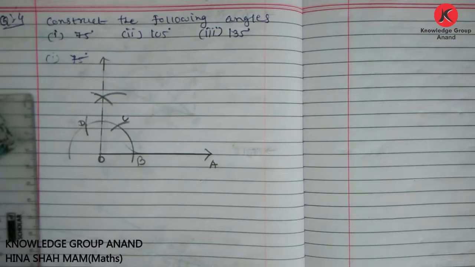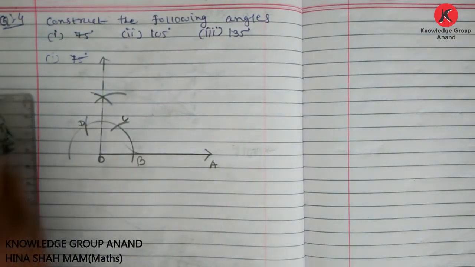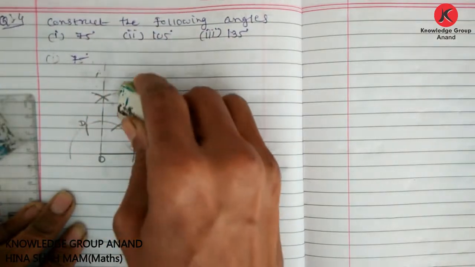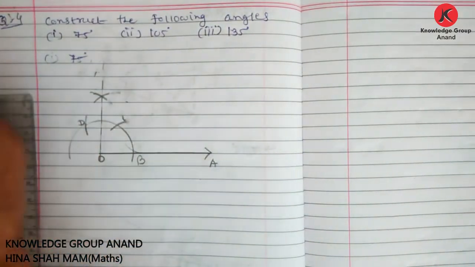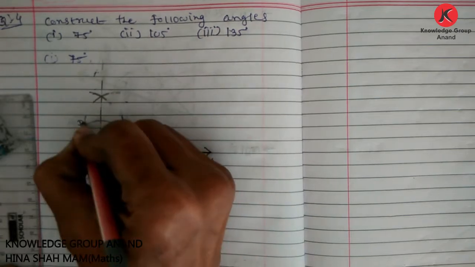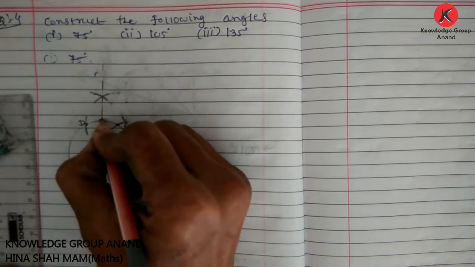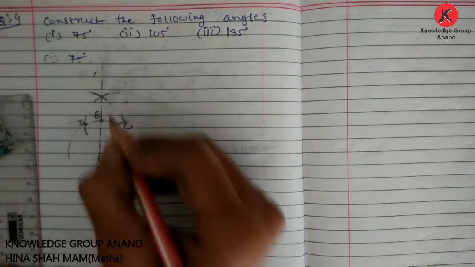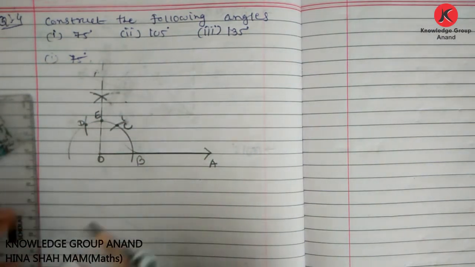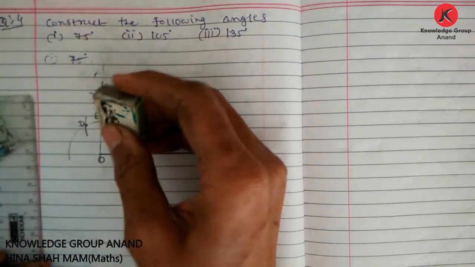It is 90. Now we construct here 75. This angle is 60, point C, point D, E becomes angle 90.